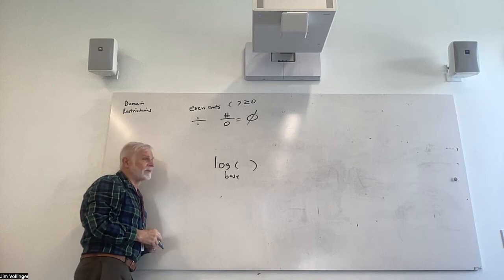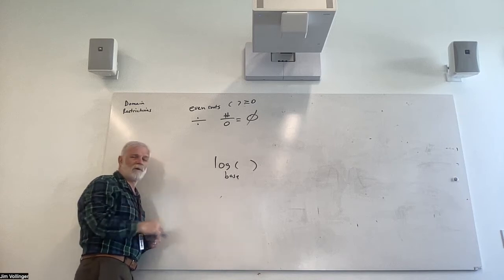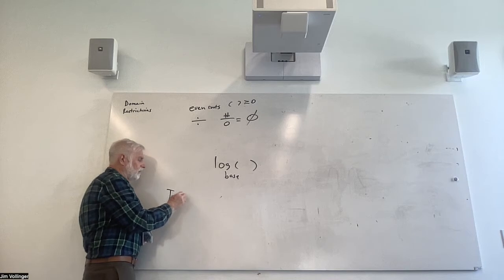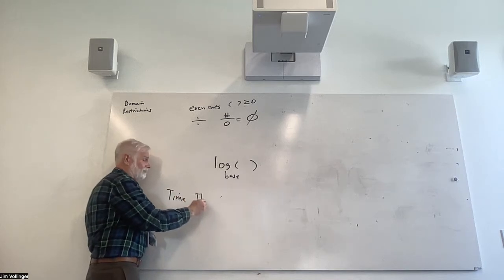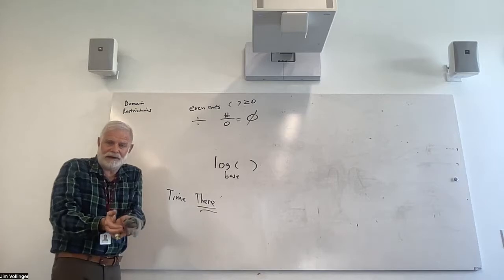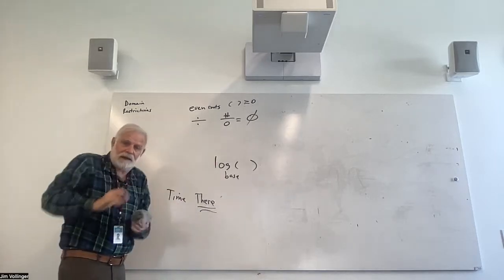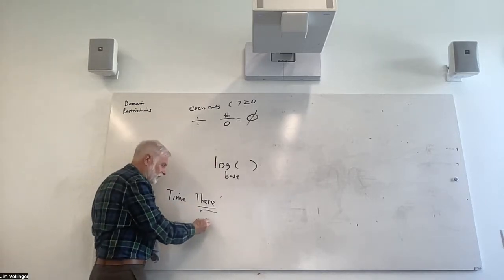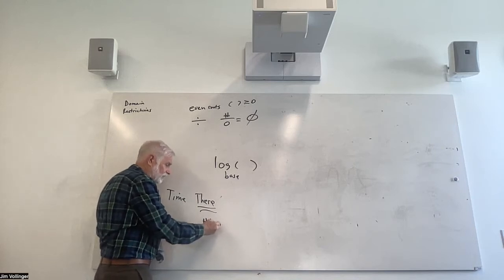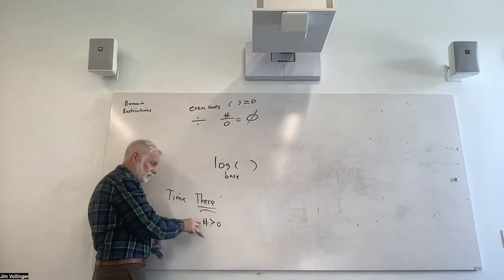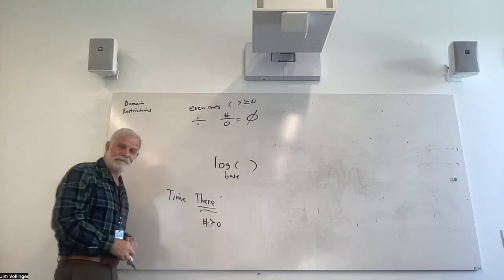So if something is out there and it's either growing or decaying, then over time, there should be something there. So something there to me means that the number that you pick had better be greater than or equal to, oops, 0 isn't there. So you better have a number that's greater than 0.